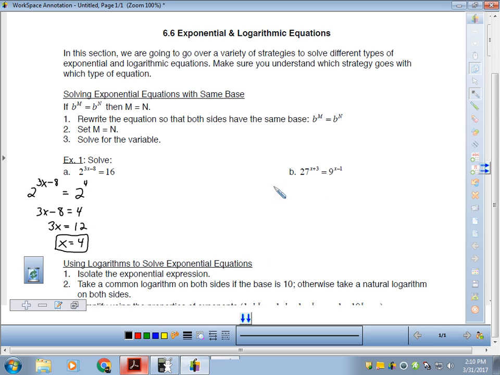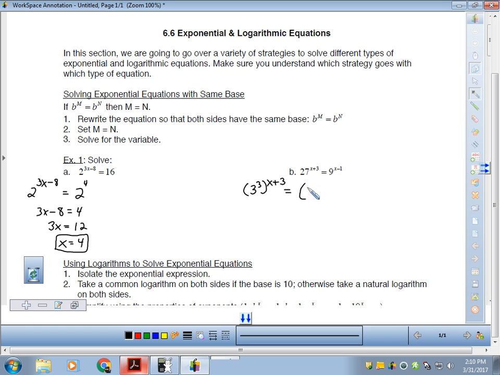Example B, we have 27 raised to the x plus 3 power equals 9 raised to the x minus 1 power. Is there a common base between 27 and 9? Yeah, they're both powers of 3, so they can be rewritten. So 27 is 3 to the 3rd power, and it's getting raised to the x plus 3.